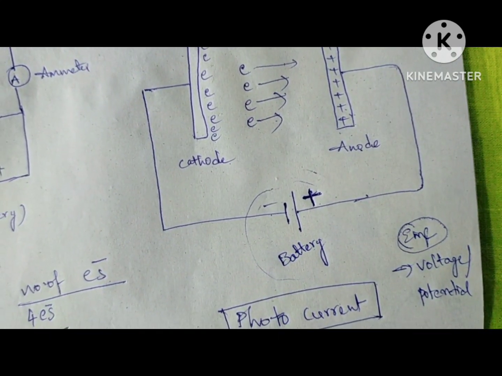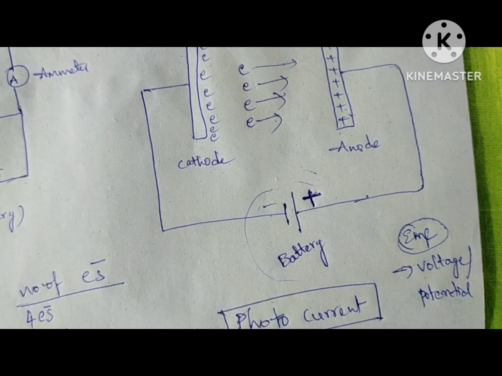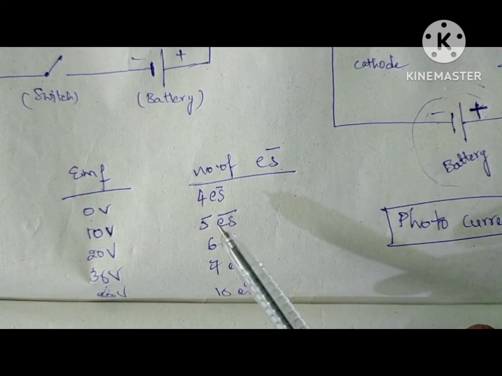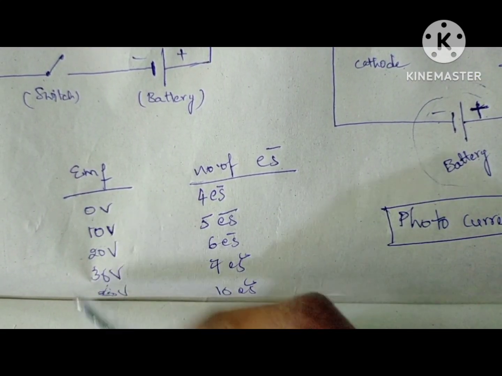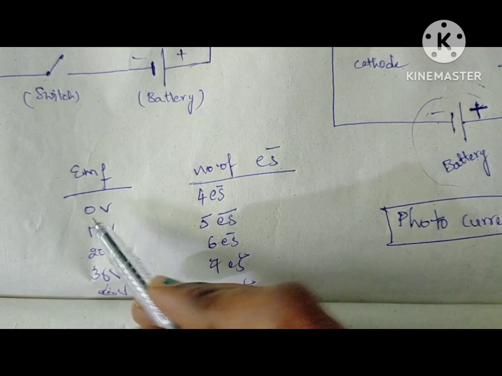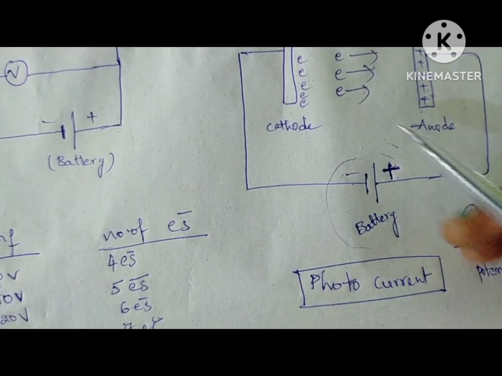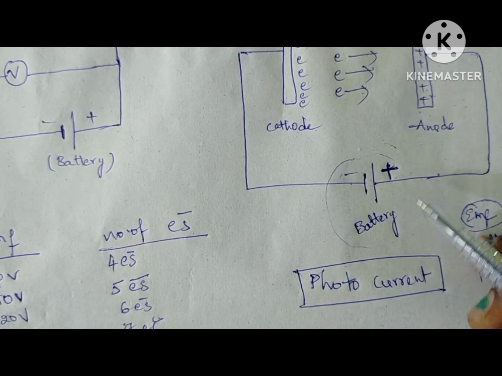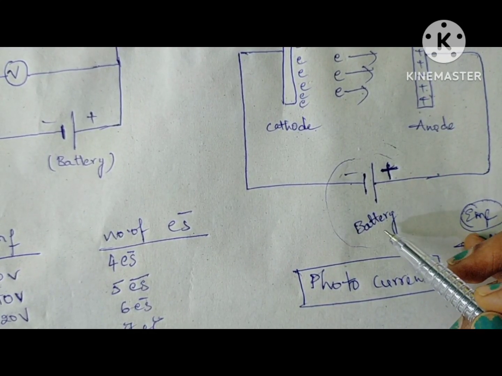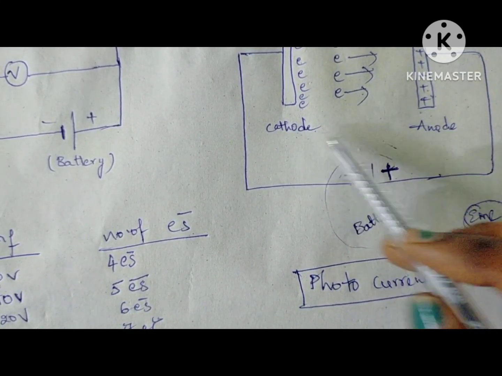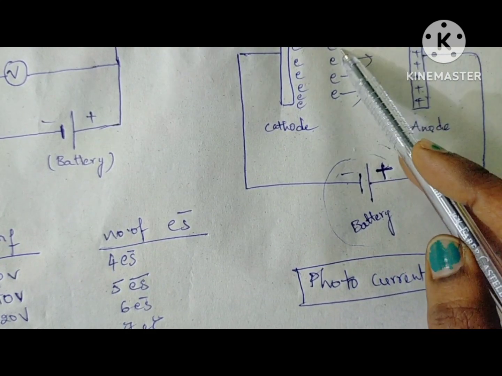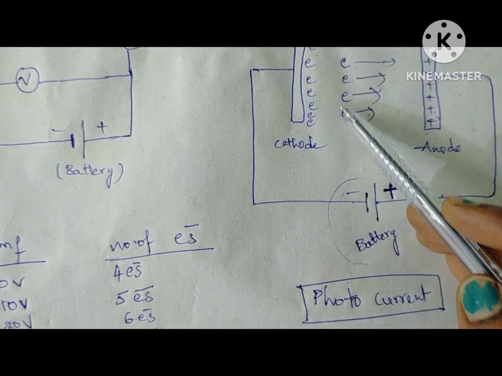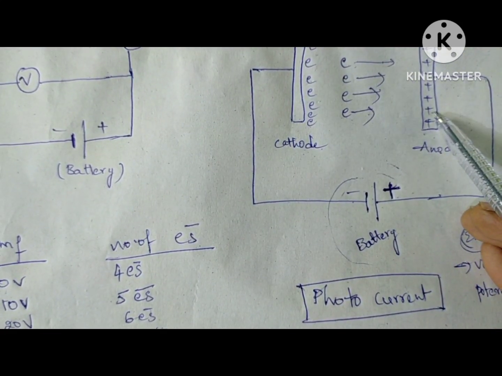Okay, so let me say something. If EMF is 0 volts, what happens here? When nothing is attached to this cathode and anode, that means when no battery is attached, only 4 electrons reach the anode.